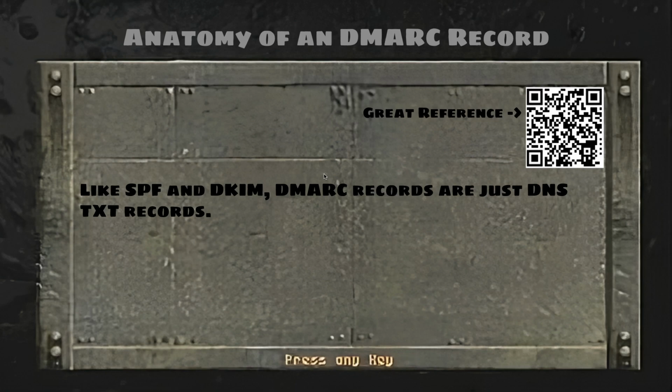Okay. So like SPF, DMARC records are just DNS TXT records. And here's BIND, again the format for BIND 9. You'll notice the _dmarc.domain.com. I had to shorten it to DMN to fit it on the slide, but that's a generic domain. The _dmarc is important. That identifies this record as a DMARC record.